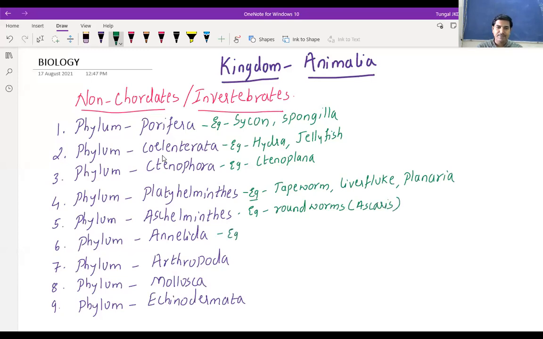Annelida examples: earthworm, leeches. Arthropoda examples: insects like grasshopper, then scorpion, spider, honeybees.